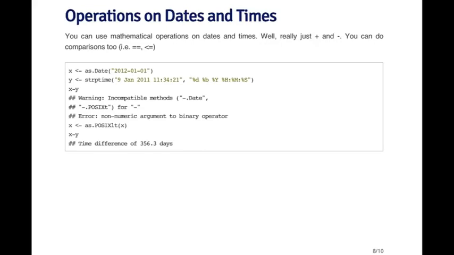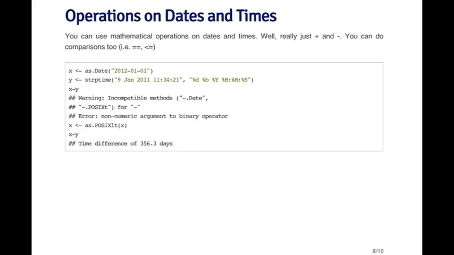Now, once you've got data in the date or time format, you can do operations on them, which can be very handy. For example, you can add and subtract dates. You can compare dates. You can see if one date is less than another date, or if these two dates are equal to each other. One thing you need to be careful about is that you can't always mix different classes.